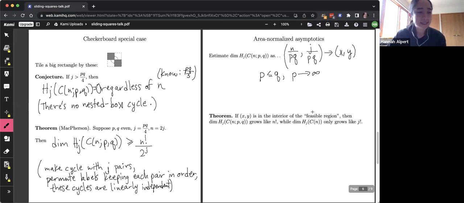I haven't said what this is, but what it means is that in some earlier work, we found some possible x, y that are these ratios, N over PQ, J over PQ, where we know homology can be non-zero.